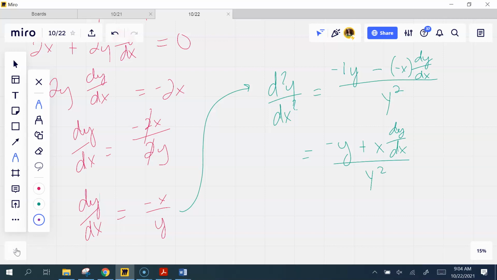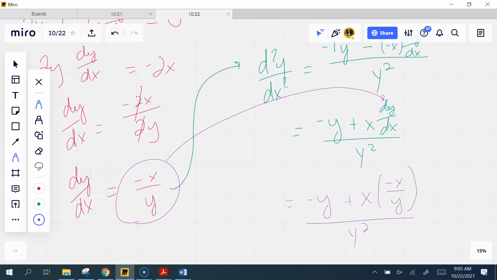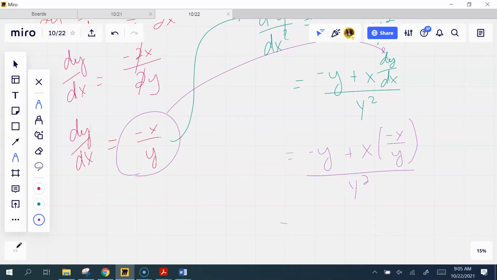But remember, my derivative can only have x's and y's in it, so I substitute in. I get negative y plus x, negative x over y squared. Okay, so I've got negative y plus, actually I'm going to make this minus, x squared over y.